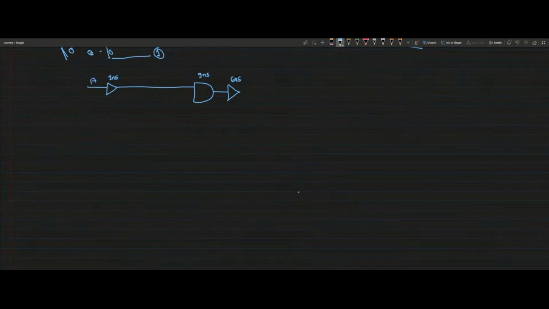Then we pass it through, and this will be output Y, and we will have another buffer where we will pass the clock. This data will be going through a flip flop, and we have another flip flop.